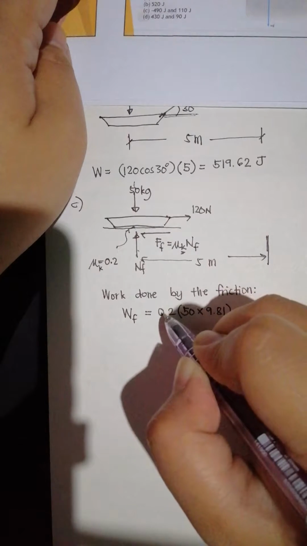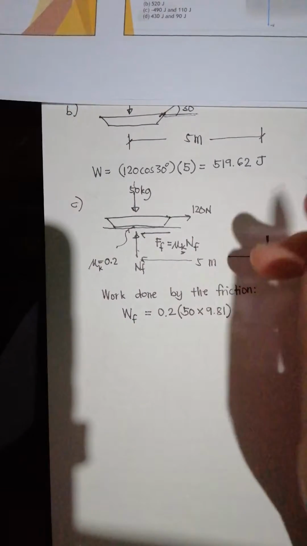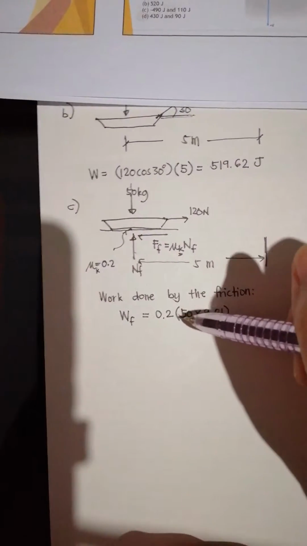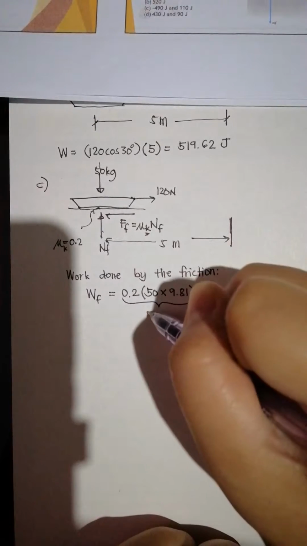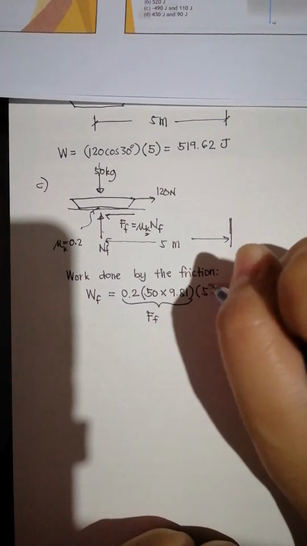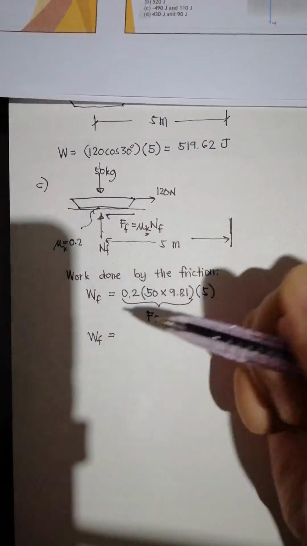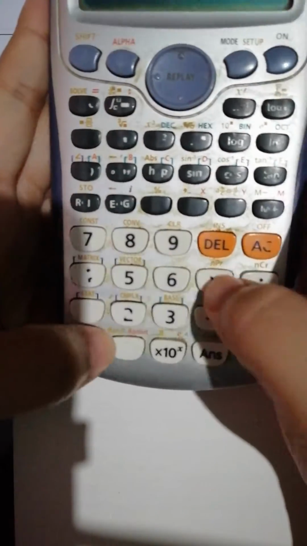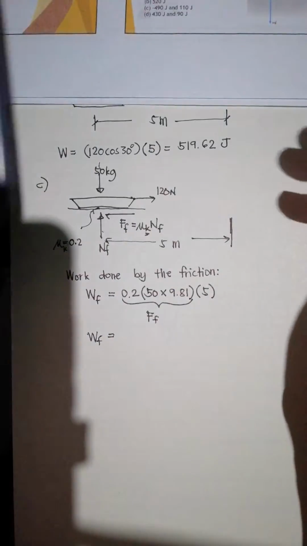This is the friction force, which is parallel to the displacement, and the displacement is again 5 meters. So the work done only by the friction is 0.2 times 50 times 9.81 times 5.